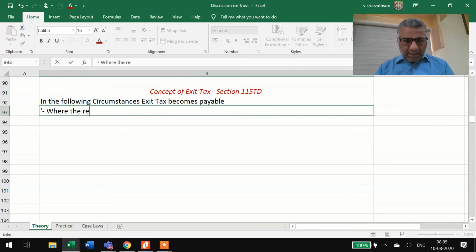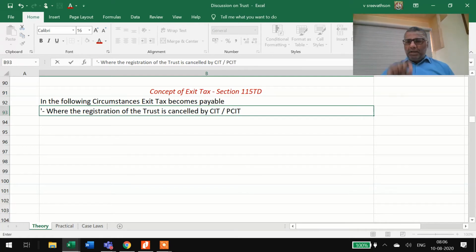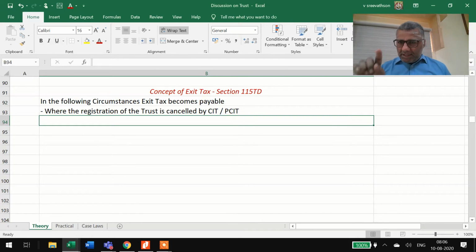Where the registration of the trust is cancelled by CIT, Commissioner of Income Tax, or PCIT, Principal Commissioner of Income Tax. Why is registration cancelled? We have it under 12A. Okay, we'll come to that.